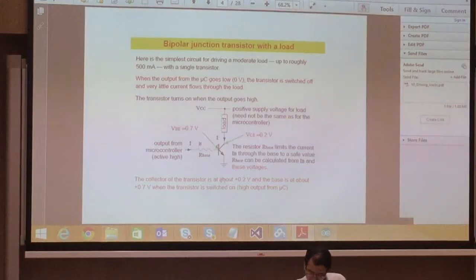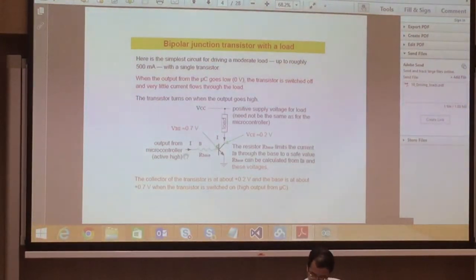Okay, so now, if you want to drive a load which is roughly up to 500 milliamps, what you can do is connect your NPN here, and your load will be here. So the current from the collector of your bipolar is flowing through your load here.